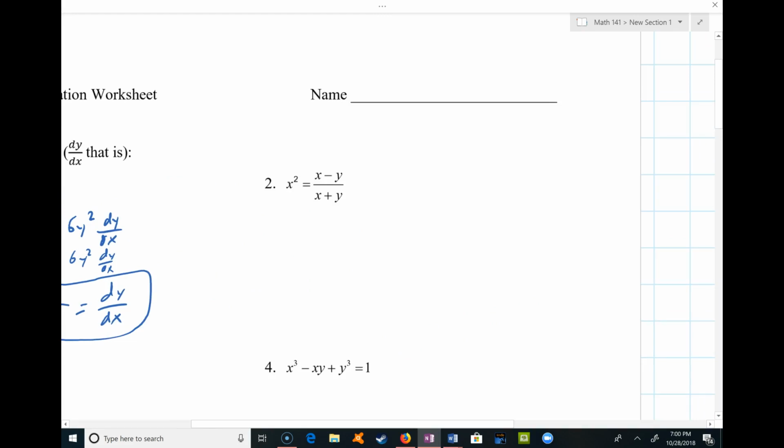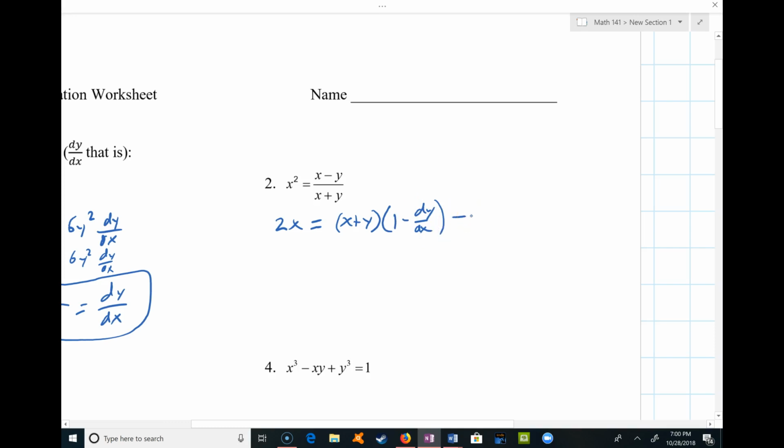I think before I do this, well, no, I'll just do the quotient rule. Okay. So once again, I take the derivative of both sides of this. So the derivative of the left side with respect to x, that's going to be just 2x. The derivative of the right side is going to involve the quotient rule. So that would be low d high. Now the derivative of the high would be 1 minus dy dx.